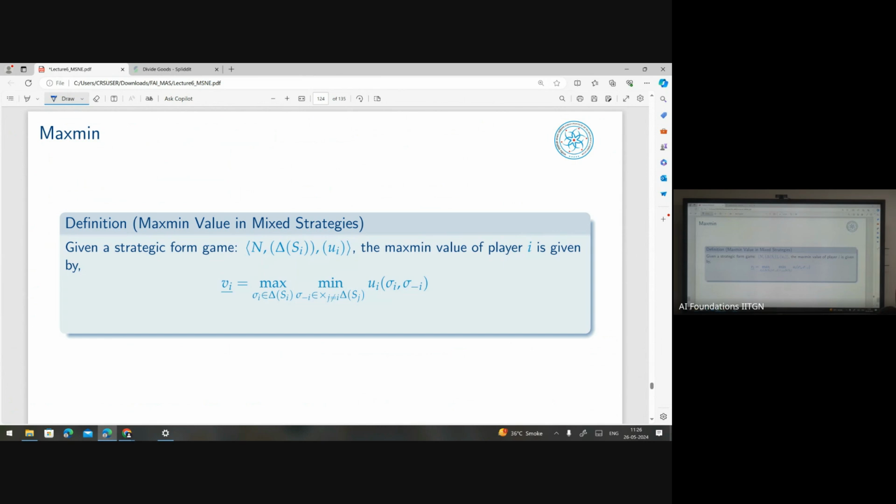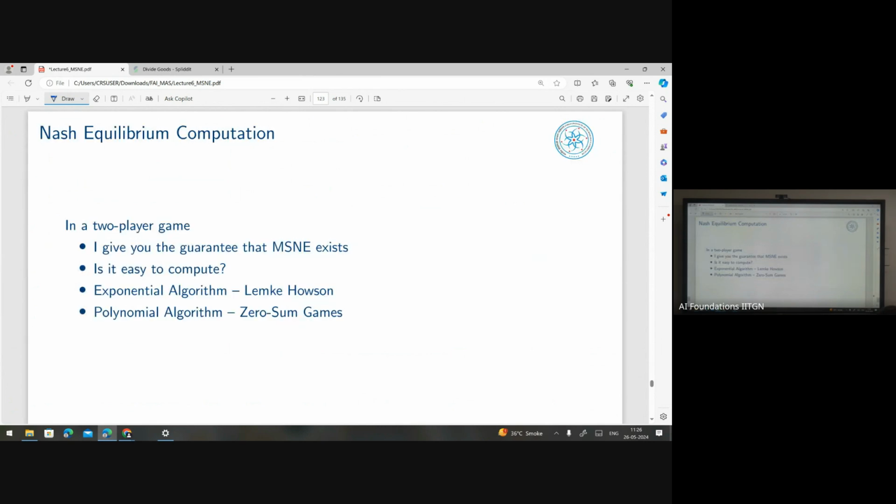Okay, we are almost ending. So what we have seen till now is what mixed strategies are and how you define the space of mixed strategies, the capital delta S_i. We also saw how you define utilities when there are mixed strategies using expectation.